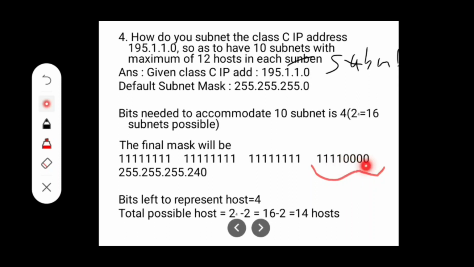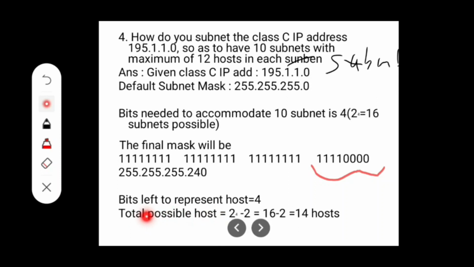So how many zeros are there? There are 4 zeros, so 4 bits, and these 4 bits represent the host. So the bits left to represent the host is equal to 4.